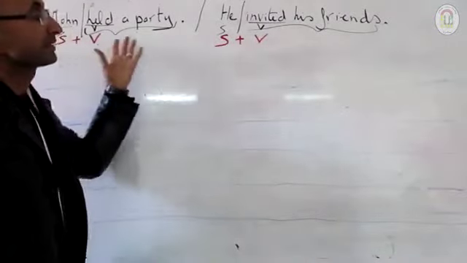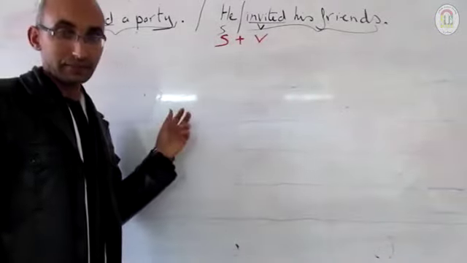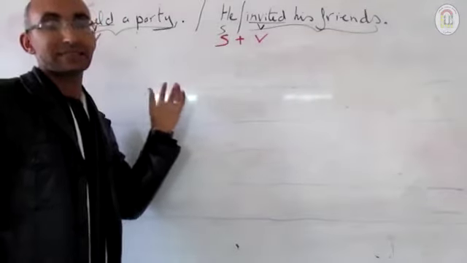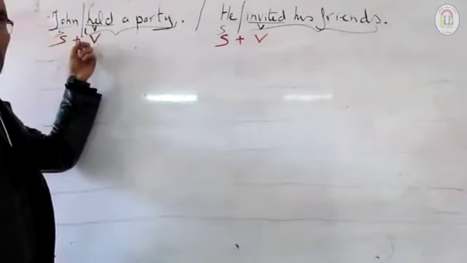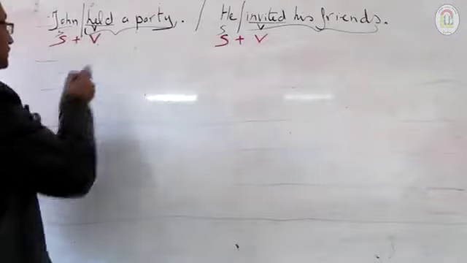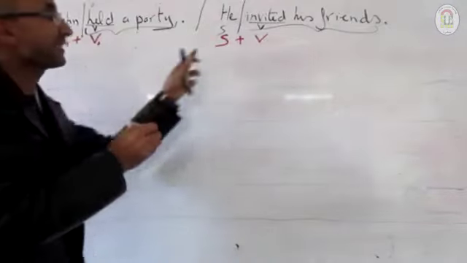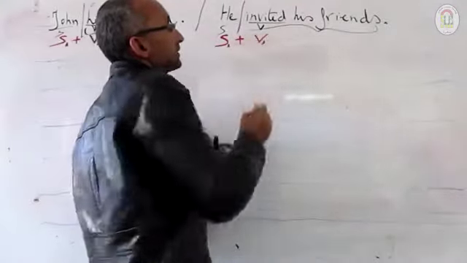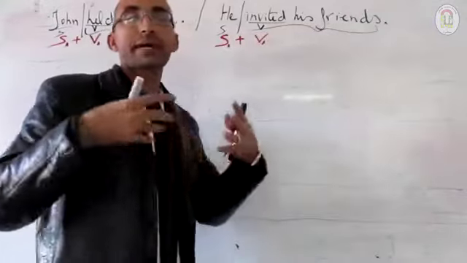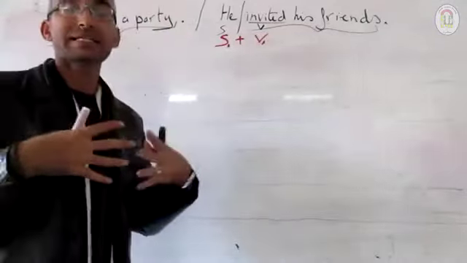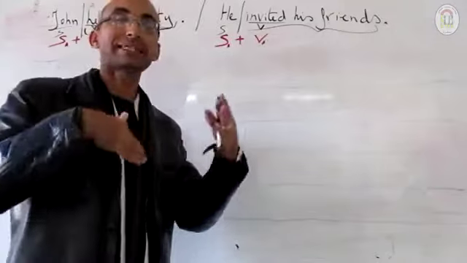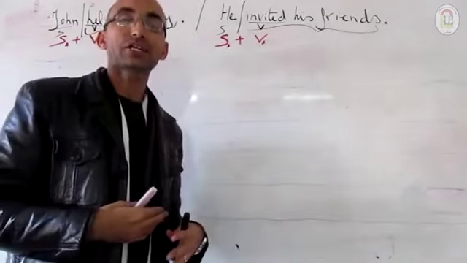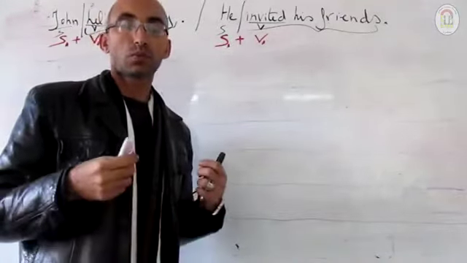Simple sentences. S plus V is simple, and S plus V here is also simple. Now if I want to join them together in one sentence to form my second type of English sentences, what should I use here?